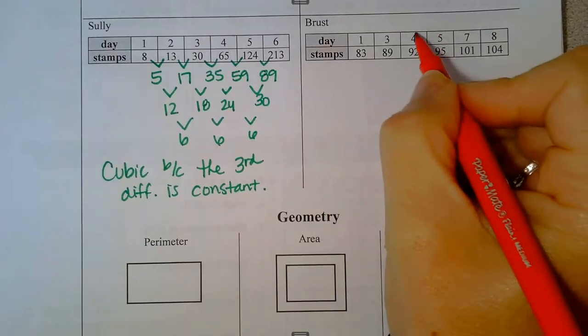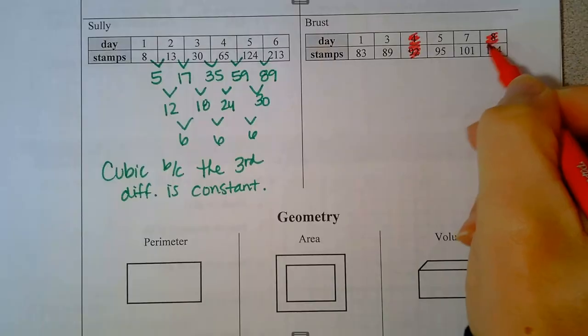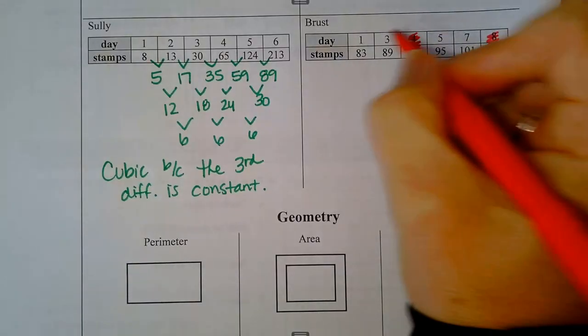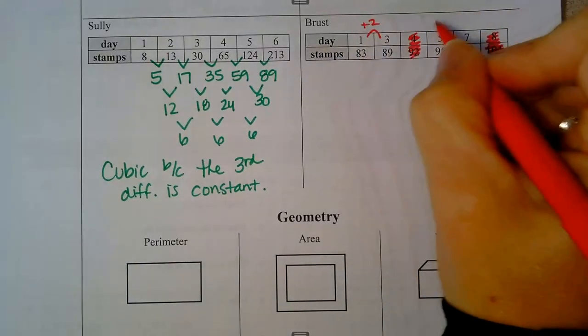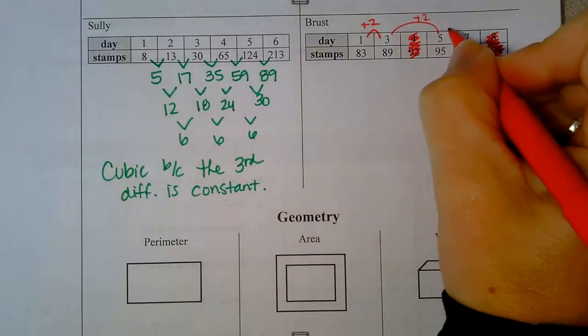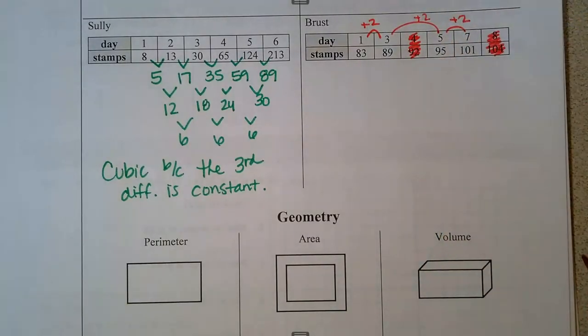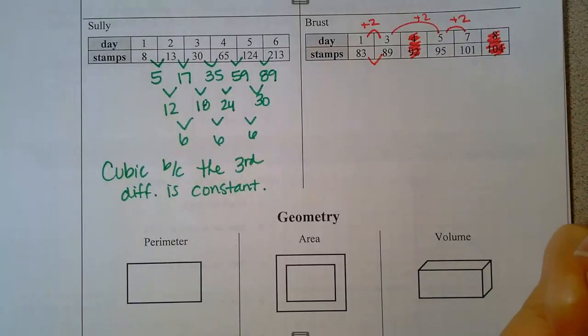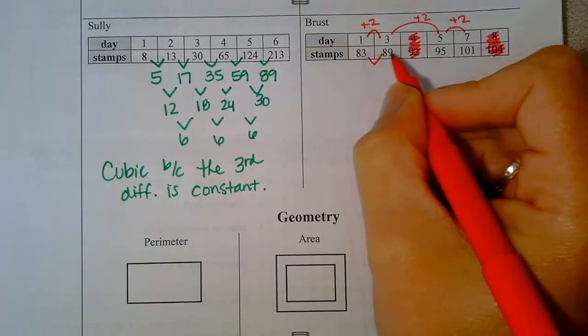So if we just get rid of 4 and 8, I'm going 1, 3, 5, 7. I have a pattern at the top, right? It's going up by 2, up by 2, up by 2. You could also just go 3 to 4 and 7 to 8. True.